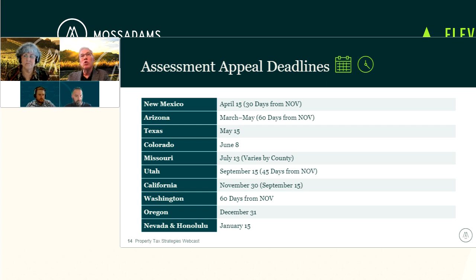Nevada, they do caps according to your taxes, where they can only increase 8% for commercial property and 3% for residential property. And finally, California with Proposition 13, a transfer of ownership triggers a reassessment. And after that transfer of ownership, the property can only increase 2% per year.